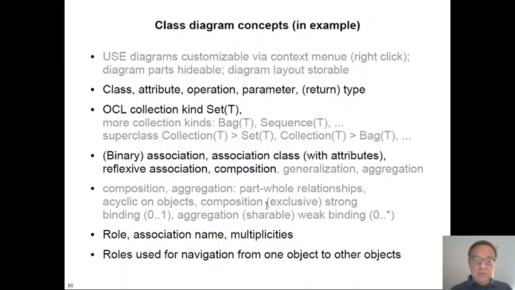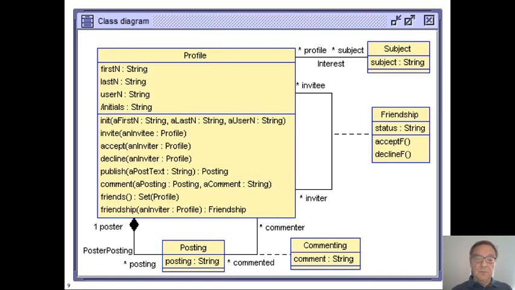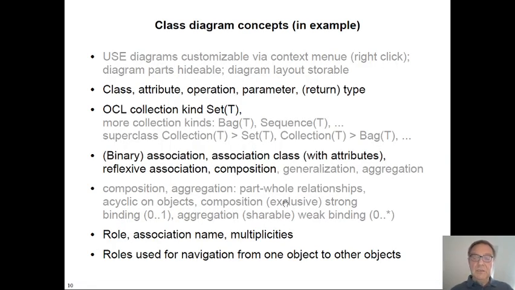A composition, as indicated with the black diamond, denotes an exclusive, strong binding between the whole and the part. The part exclusively belongs to the whole.